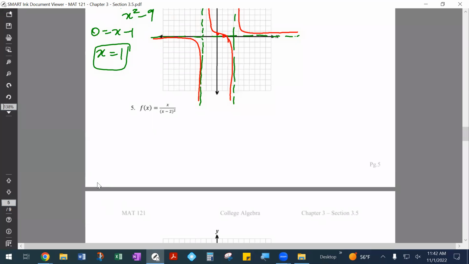This one actually is gonna be a pretty straightforward function. I wanted to do one with an oblique asymptote.